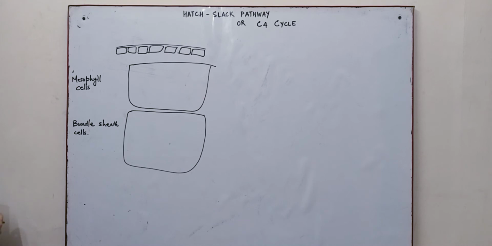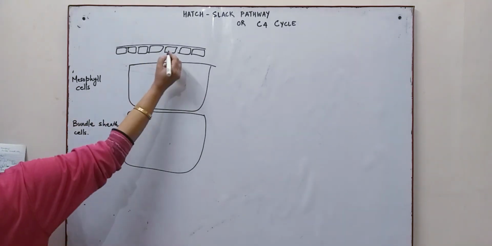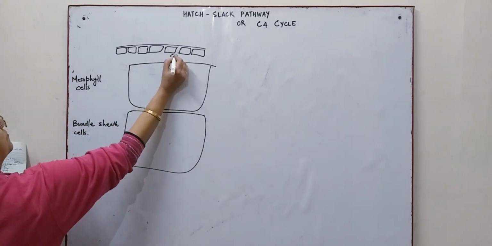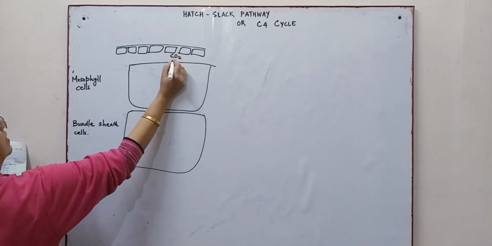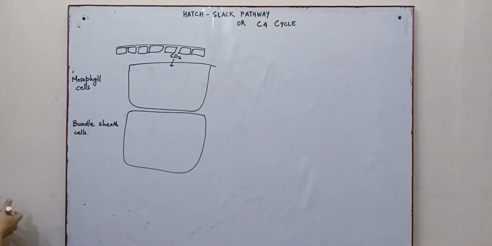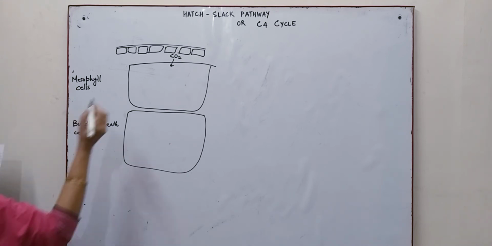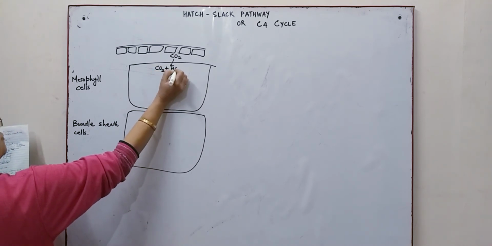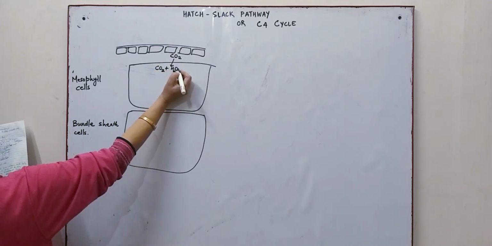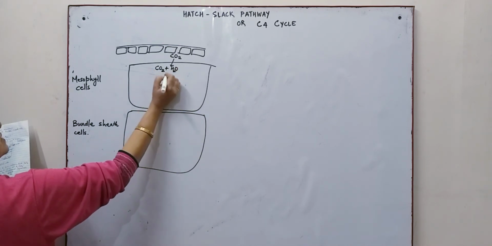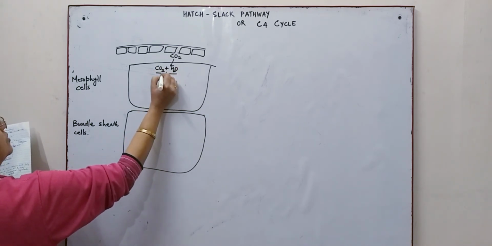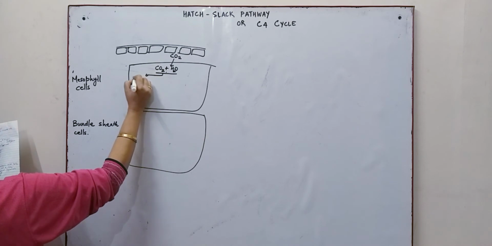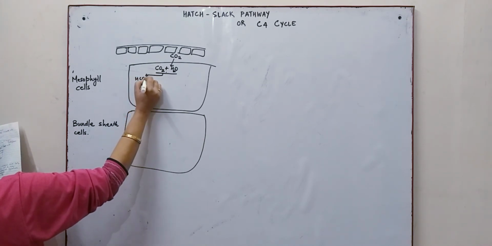Now the carbon dioxide from here diffuses into the mesophyll cells. Now this carbon dioxide reacts with water to form carbonic acid.